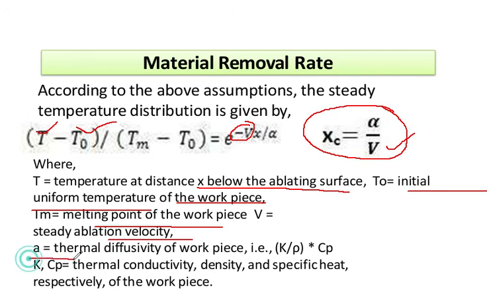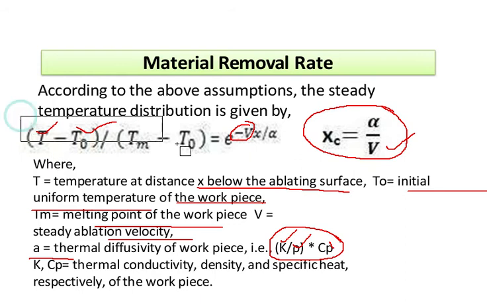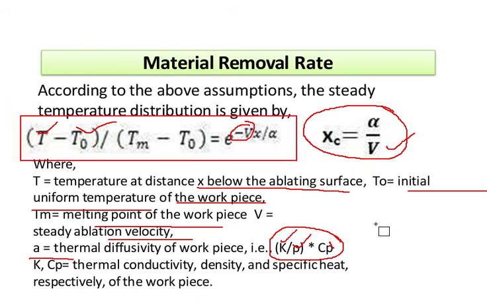And this alpha can be denoted by K by rho into Cp, where K is the thermal conductivity, rho is the density and Cp is the specific heat of the workpiece. This is a very important formula that you have to remember.